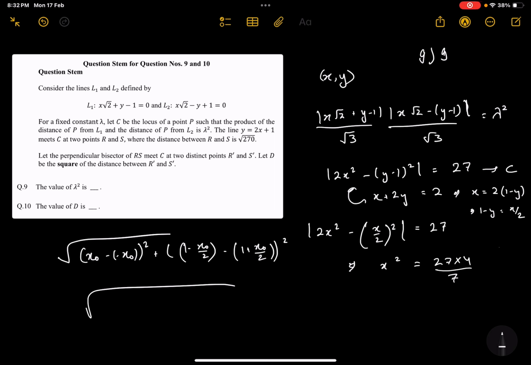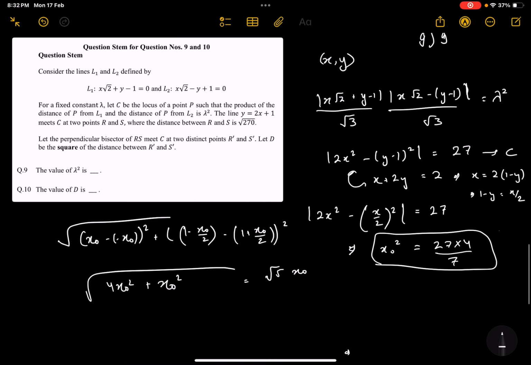So this becomes 4x naught square plus x naught square, which becomes root 5 x naught, where x naught square is this.